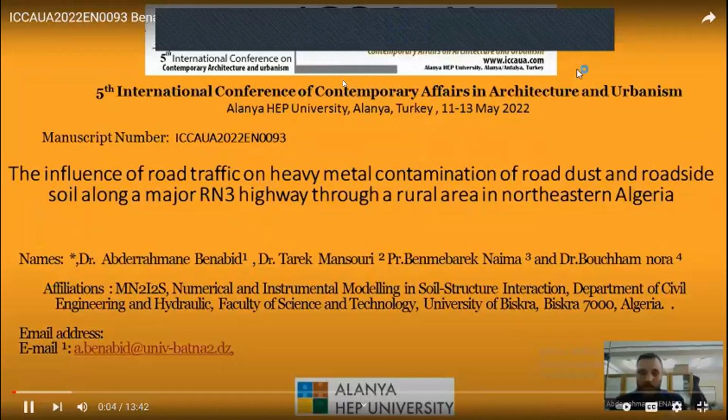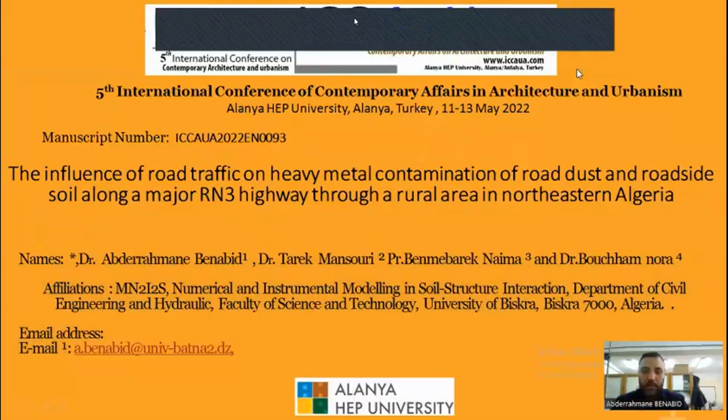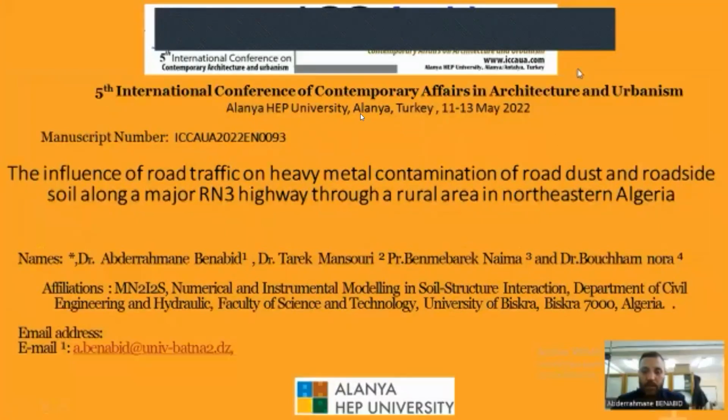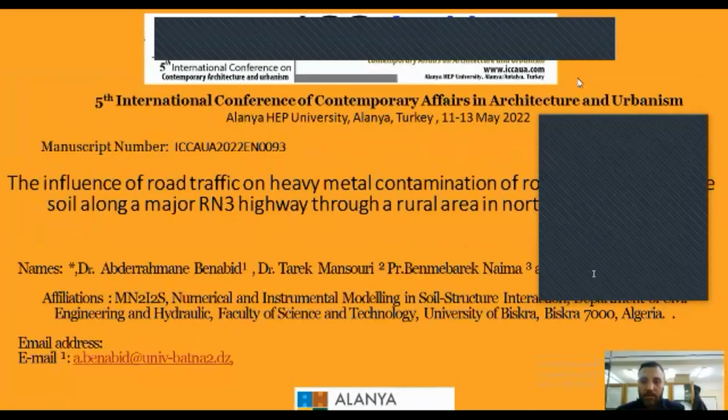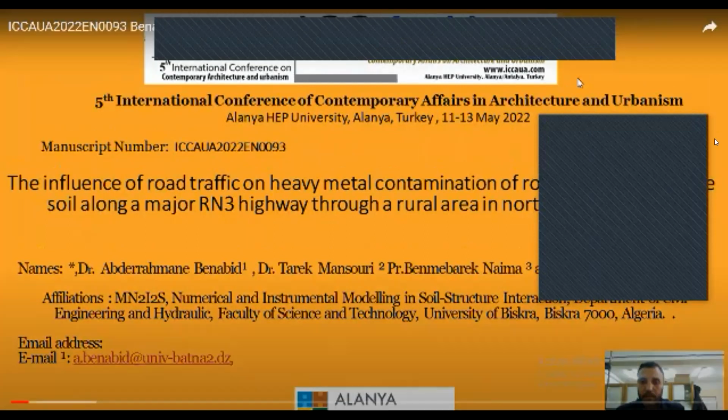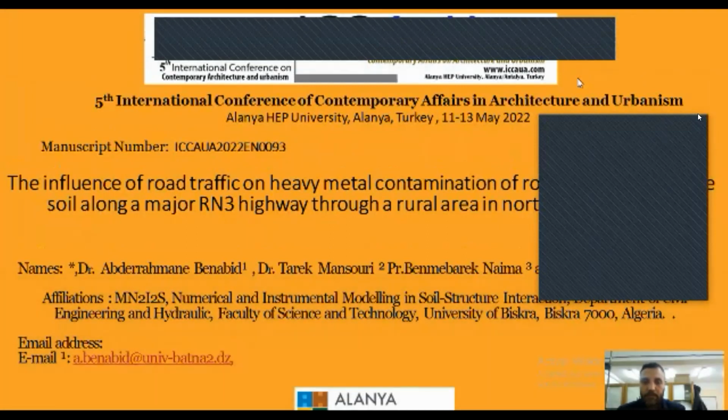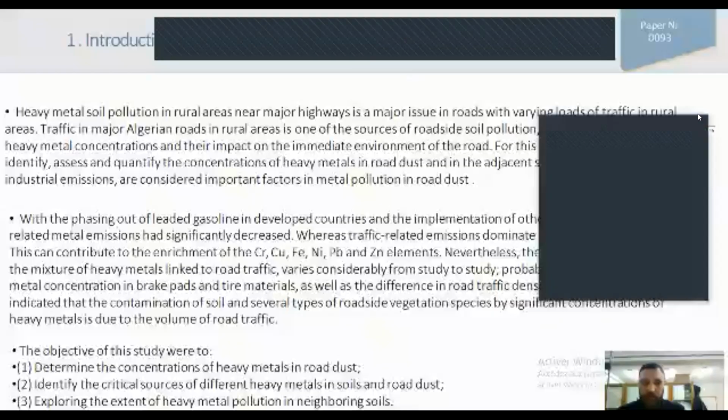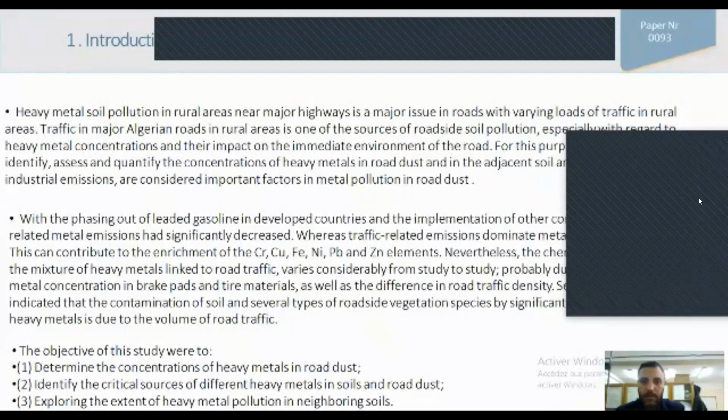Welcome to this presentation. The influence of road traffic on heavy metal contamination of road dust and roadside soil along a major RN3 highway through a rural area in northeastern Algeria. Heavy metal soil pollution in rural areas near major highways is a major issue in roads with varying loads of traffic.